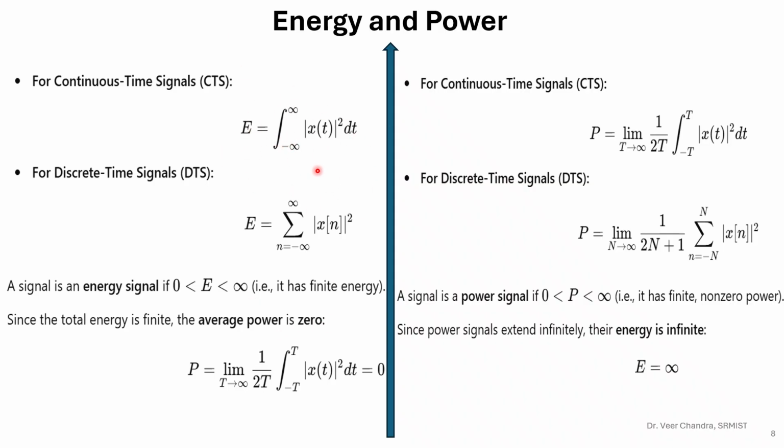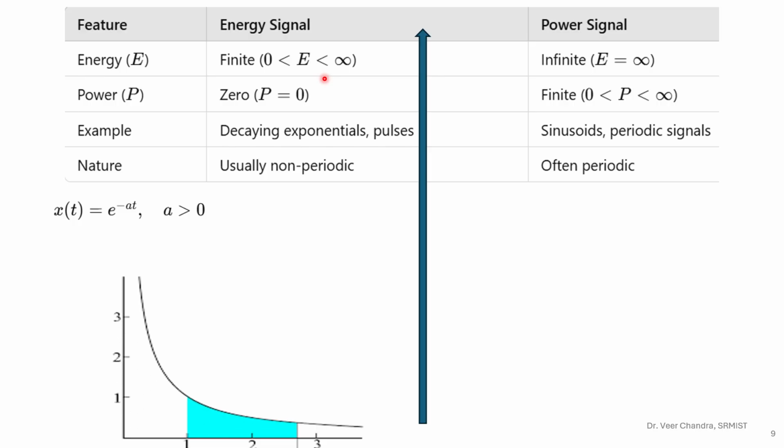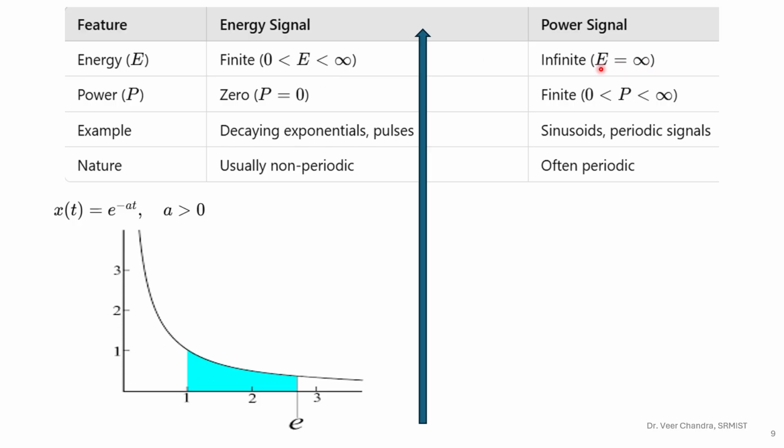So energy you can calculate as x of t squared dt, and power, calculate that energy over the particular time period only and divide by that time period, 1 by 2T, then you will get the power for that particular signal. Here I think we'll see the example. So for an energy signal, energy is in between 0 and infinity and power is 0. And for a power signal, your energy is infinity and power is finite, right?